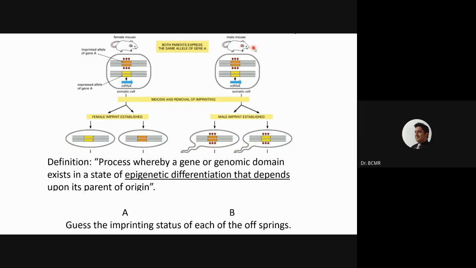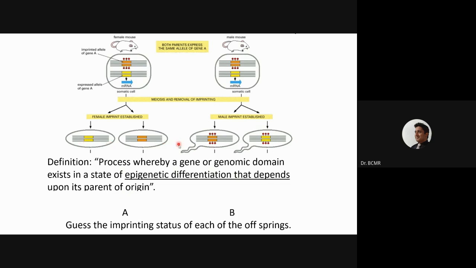The sex of the parent, because it is making these gametes, will determine that these genes should be methylated. Okay? So if you see, it is a process whereby a gene or genomic domain exists in a state of epigenetic differentiation that depends upon its parent of origin. The sex of the parent will determine whether imprinting should happen in that particular gene or not.